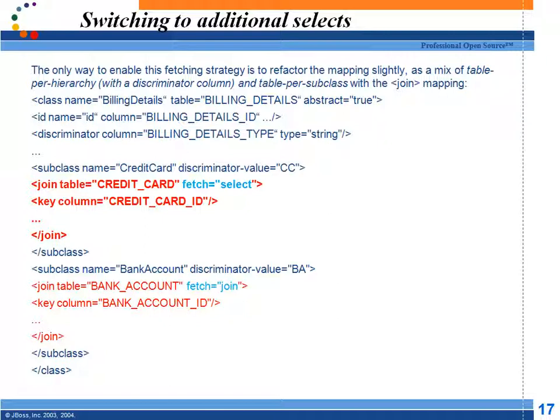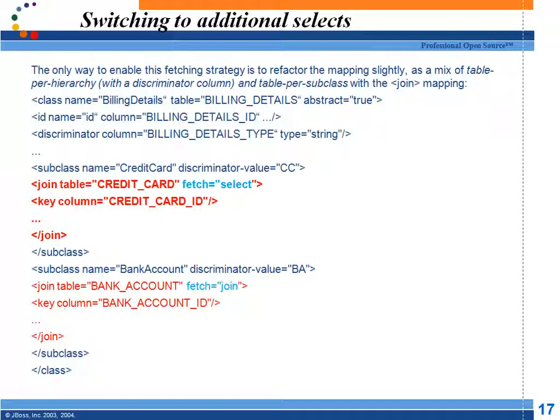Now here you can see fetch equals select and fetch equals join, right? I am giving fetch equals join for bank account. It means whenever I fire a polymorphic query, this table will be joined with this table.